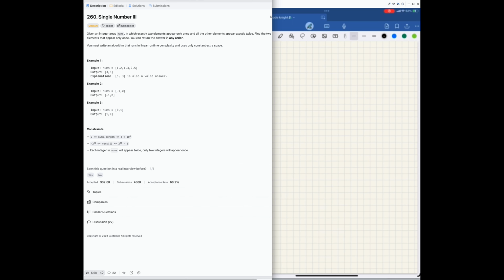All right, so going back to Leetcode 260, Single Number 3, the difference between the previous problem and this problem is that we have to identify exactly two elements which appear once. Okay, well, we know the technique we had before, which was XORing all the numbers. But what does that mean?